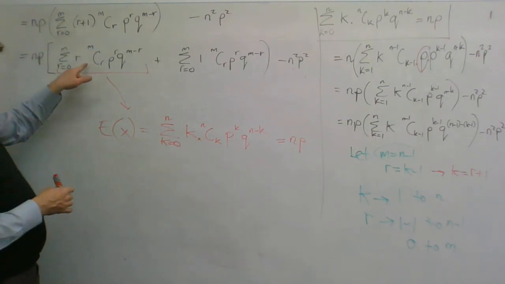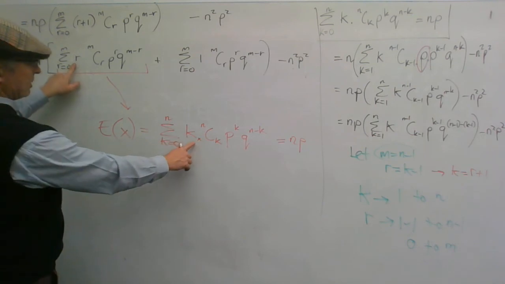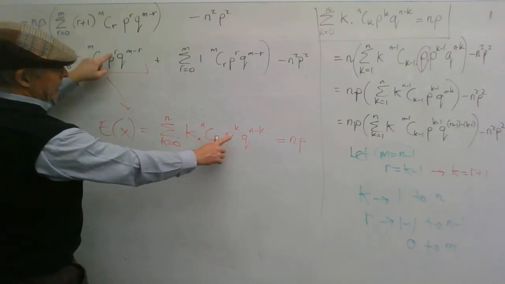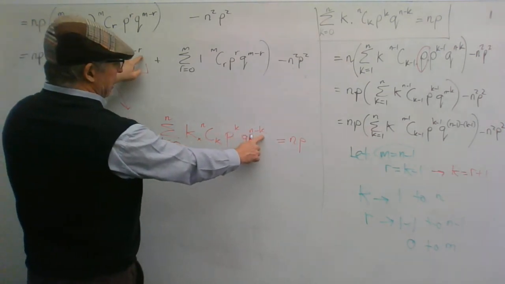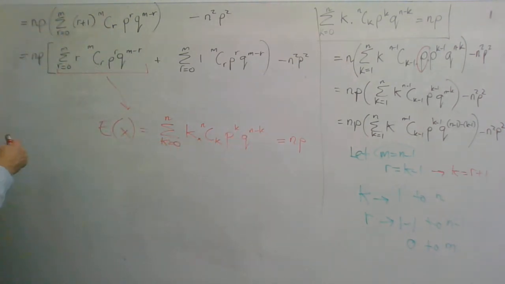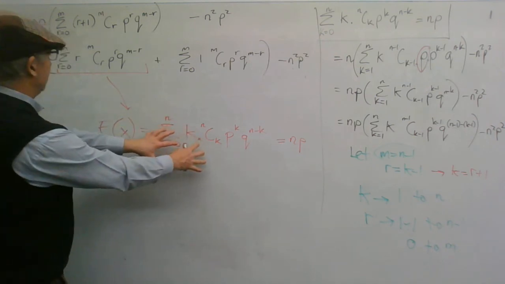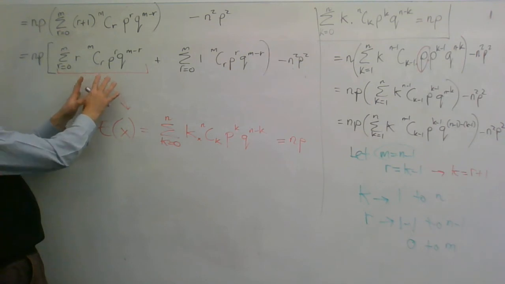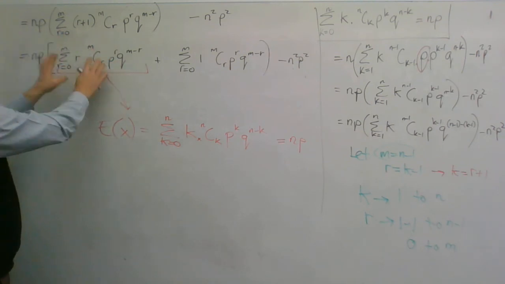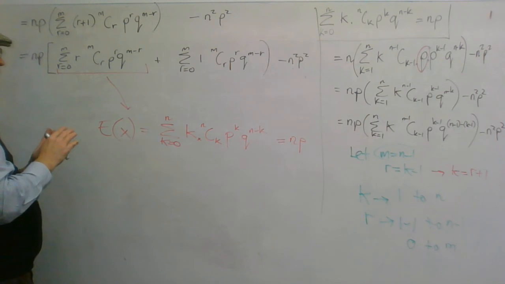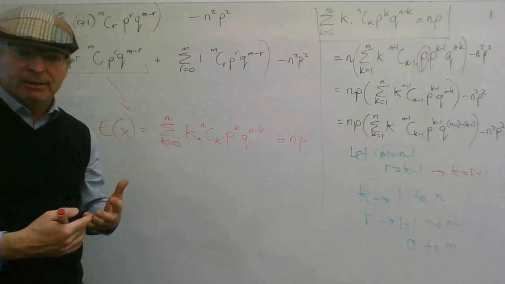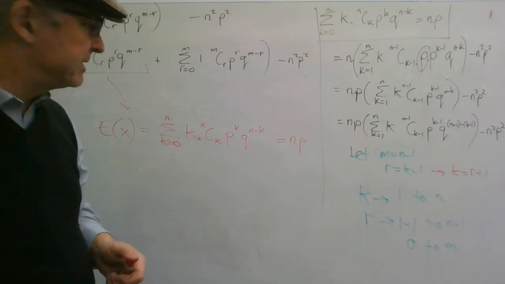Well, this is looking very similar, but instead of K, it's got an R, and then it goes MCR, and it goes p to the R, q to the M minus R. So basically, wherever you see an N here, this has got an M, and whenever you see a K here, this has got an R. So this summation here, instead of being NP, it would be MP. So that's what I'm going to replace that with.